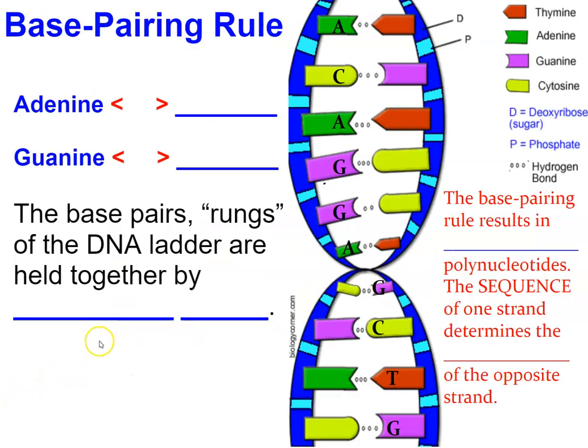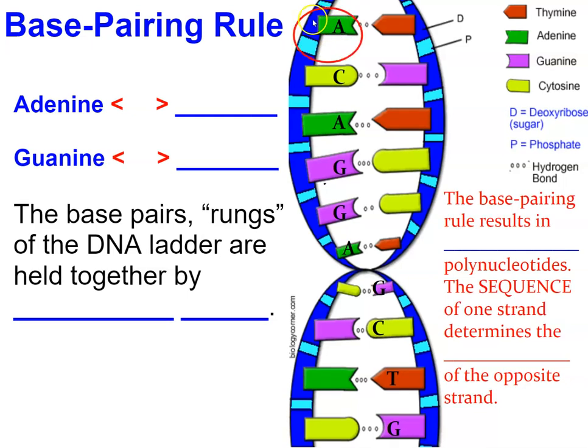So here's another representation of DNA, and we're going to use it so you can practice the base pairing rule some more, just to make sure you got it down and you're not going to make any mistakes if you're ever asked to do it. So in this diagram, nucleotides are represented by deoxyribose being this blue rectangle, and the phosphate being the lighter blue rectangles, and then the nitrogenous bases being the different colors.